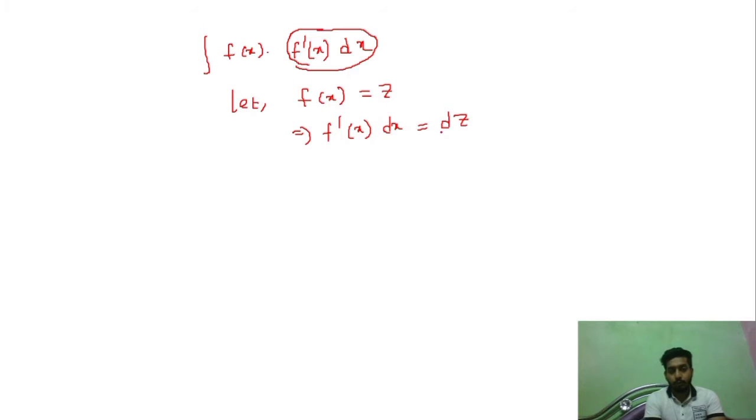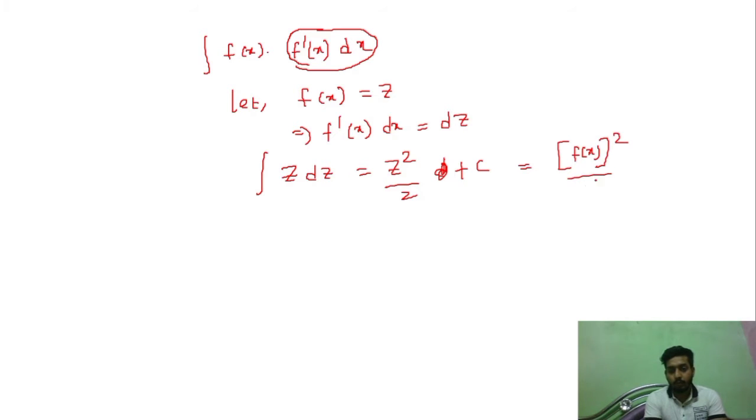So we have to put the value here, then it will become integration of z dz, that is z square by 2 plus c. Now the value of z is f(x), so here it will become (f(x)) whole square by 2 plus c. So this is the formula we have to use to find this type of integrations.